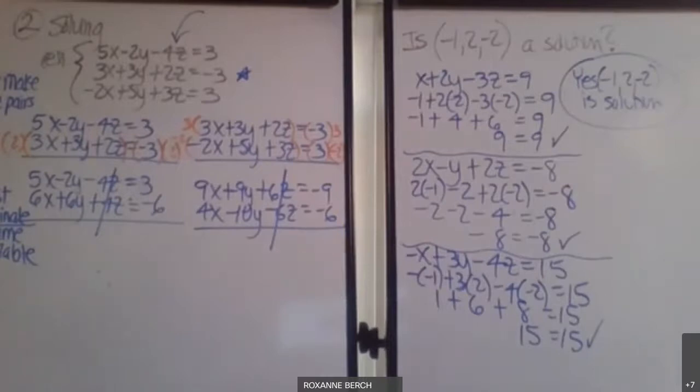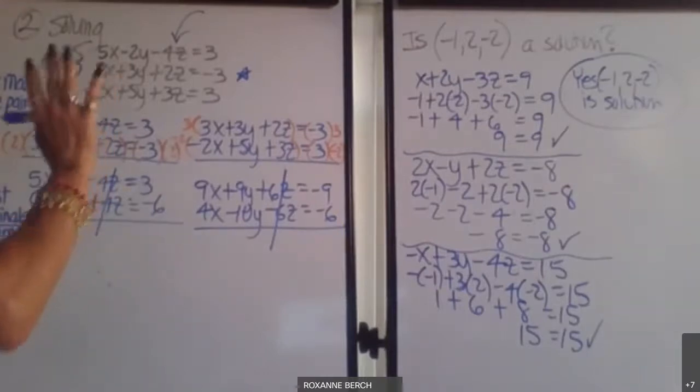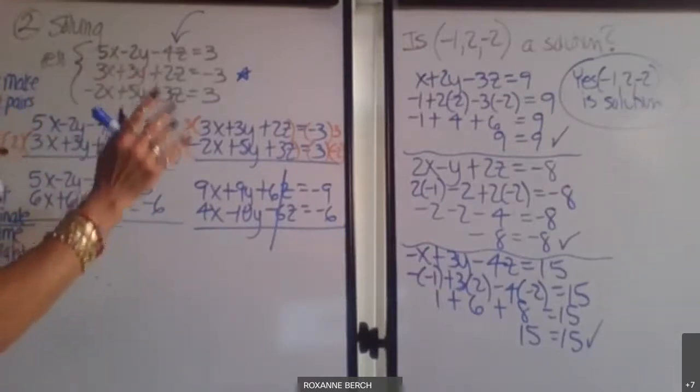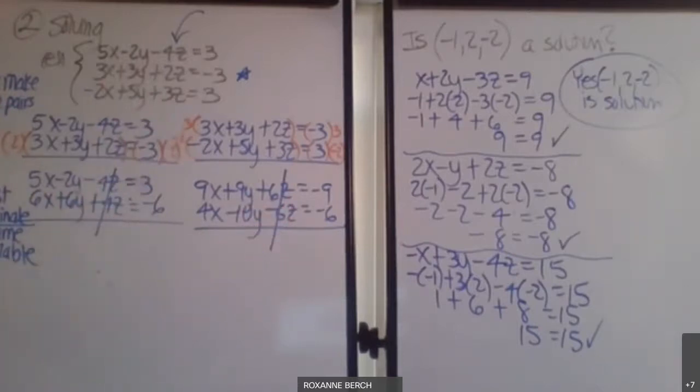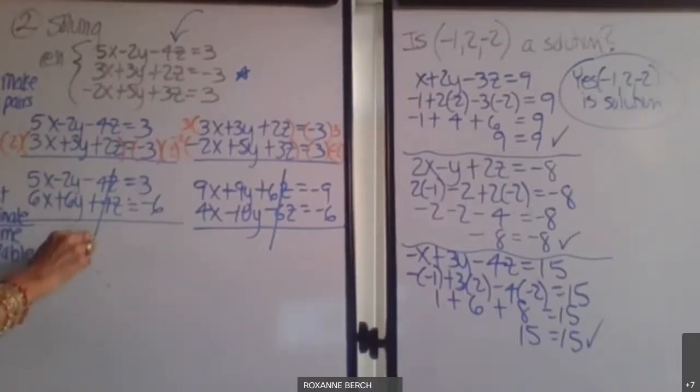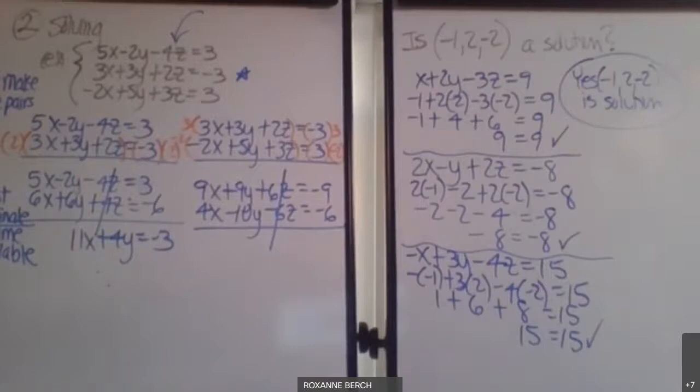So if you're wondering what I'm doing, I'm trying to eliminate a variable to get a system in two variables. So what happens here is when you add these, you get 11x plus y equals -3, which is correct.